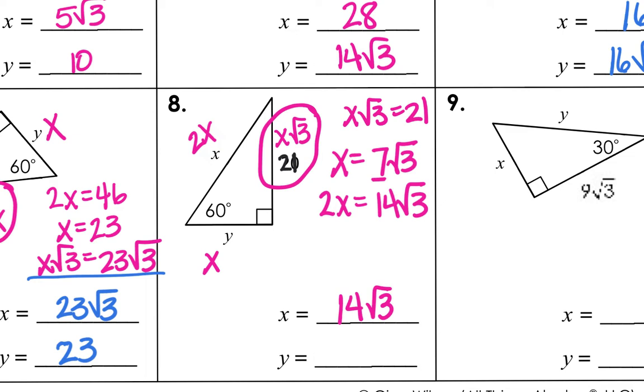Y is our x, which is 7 square root of 3. Had we left it as 20, then it would have been 20 over 3 square root of 3. And then you would have had to double that. But I wanted it to be as simple as possible so that you can just see the pattern.